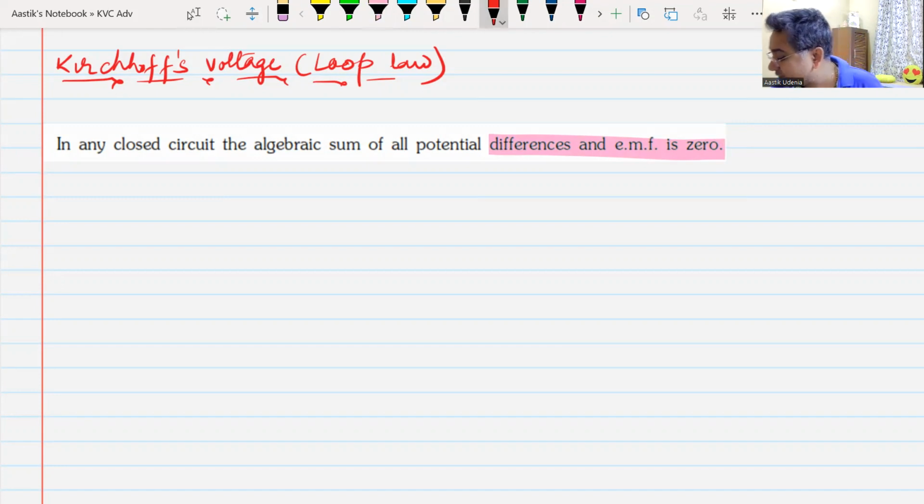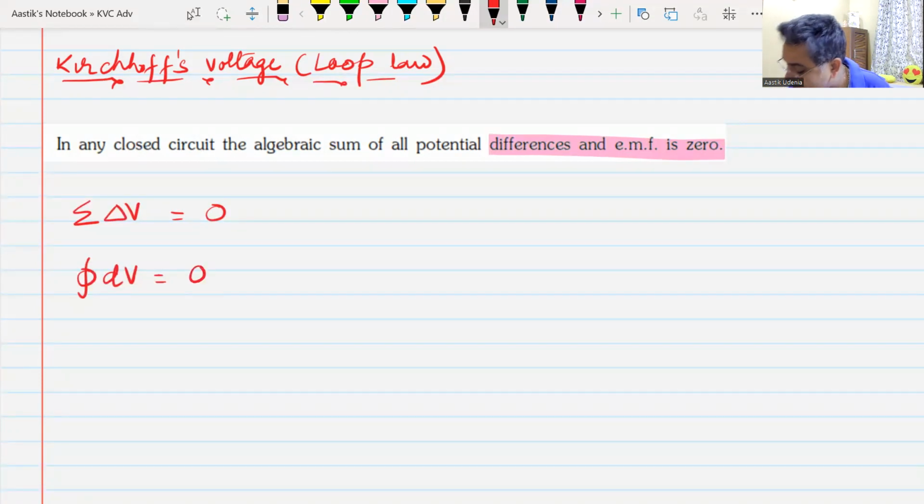That means the summation of voltage drops is equal to zero. Or this basically says that in a closed loop the change in potential is zero, or E dot dl, which is the change in potential, is equal to zero. Do we understand this?